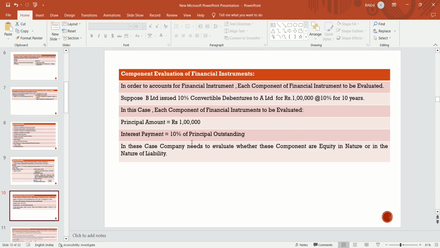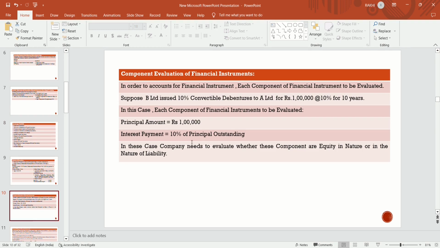If it is redeemed, and interest is paid every year, then it should be classified as a financial liability. But if interest is not paid every year and it is converted into shares, then it should be recognized as equity. So firstly, we will determine the nature of the transaction.